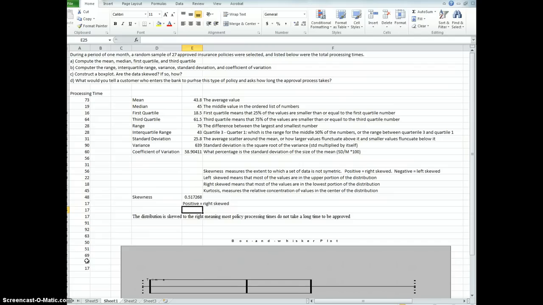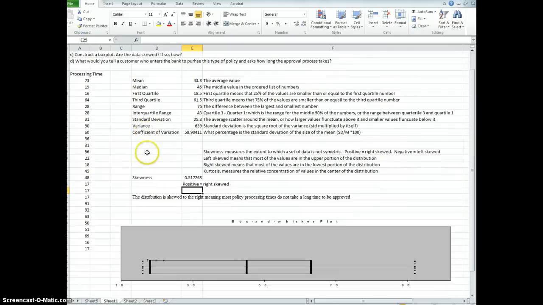Since it's right skewed, we know that most of the values are going to fall in the lower portion of this distribution, meaning that most policy processing times are not going to take longer than the mean time.